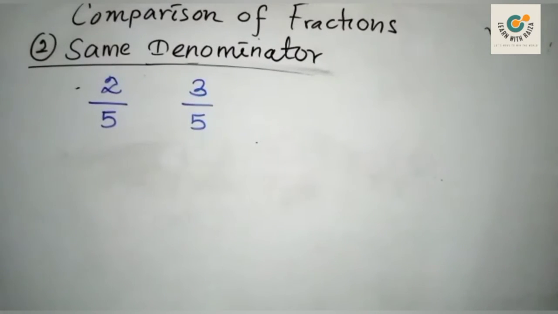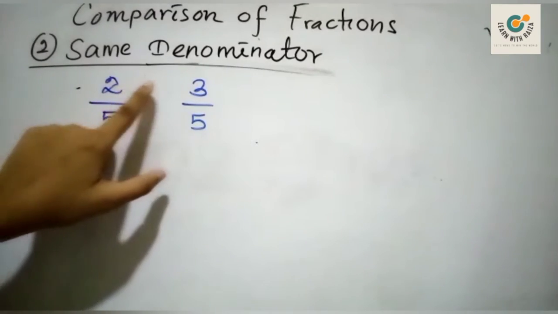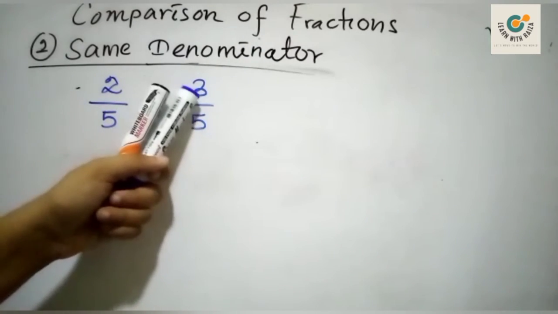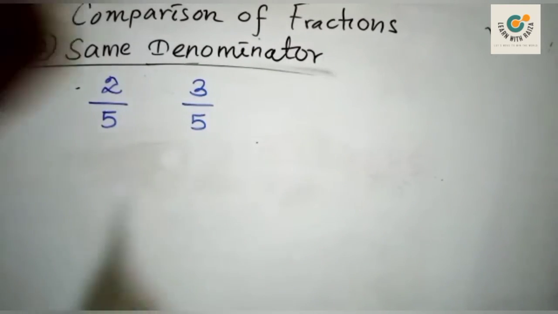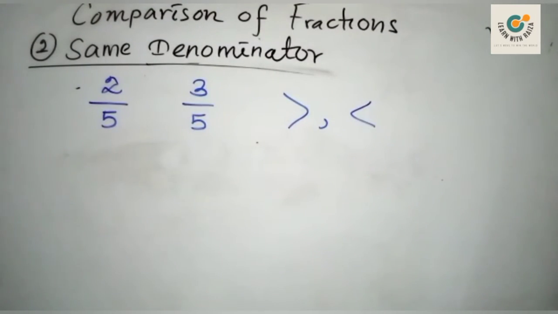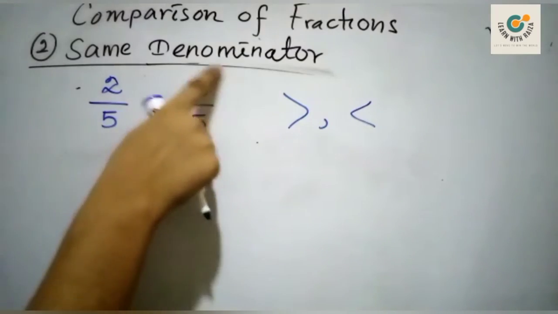Now you can see denominators are same. How do you compare? When you are given two fractions with the same denominator, observe your numerator. If your numerator is greater, now in these two fractions, larger numerator is 3. So which symbol do you have to use? The greater than symbol, bigger one is this one.